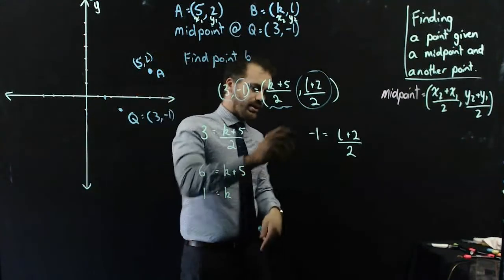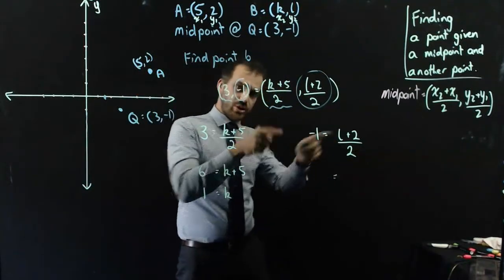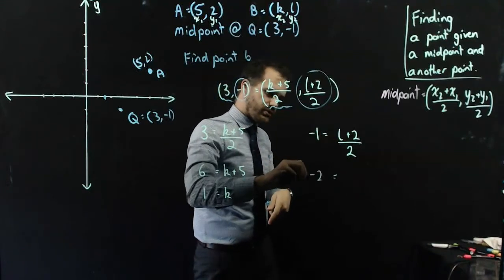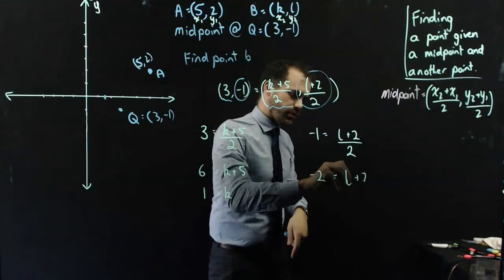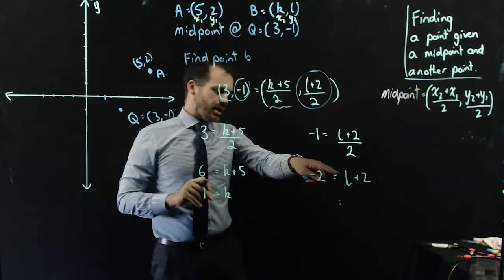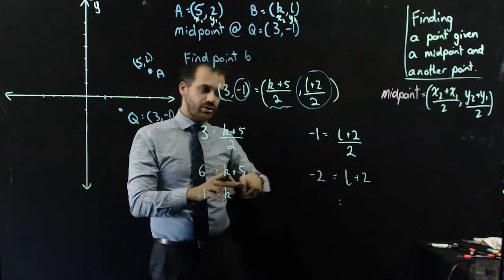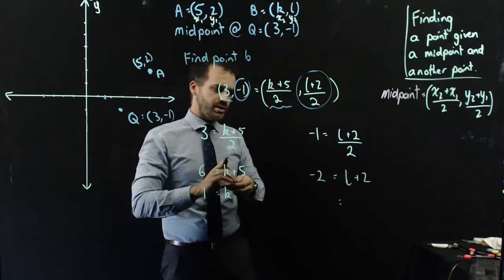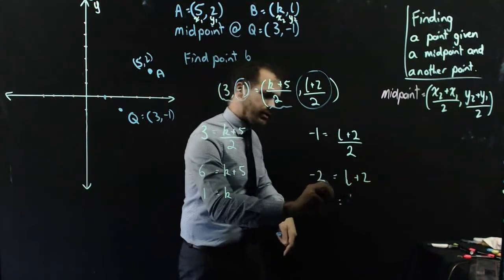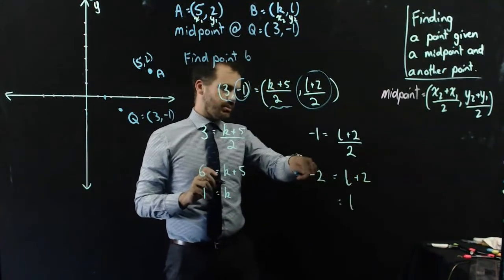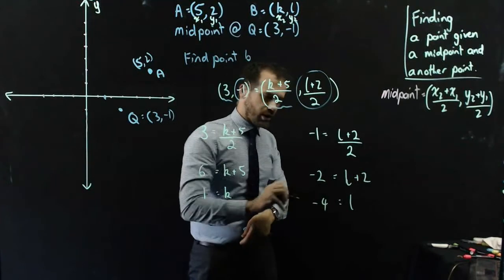Okay, let's keep going. This one here, I'm going to multiply by 2 on both sides. Negative 1 times 2 is negative 2, and that leaves me with L plus 2 on this side. Then subtracting 2 from both sides, L plus 2 minus 2 is just L, and negative 2 minus 2 is negative 4.